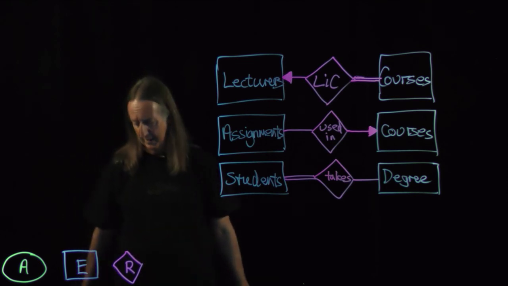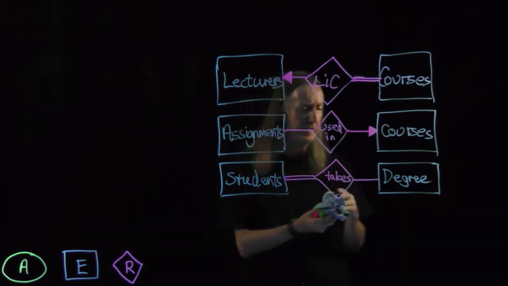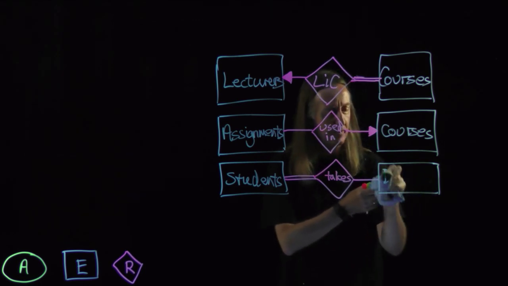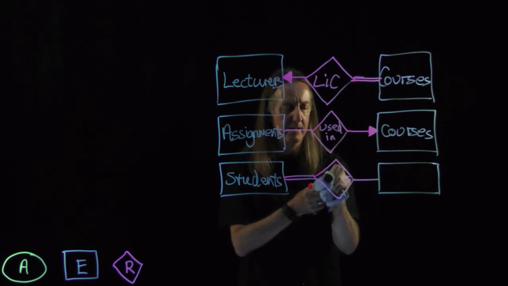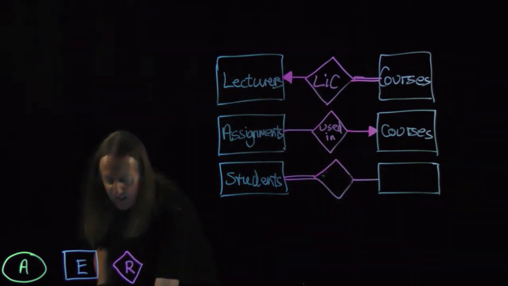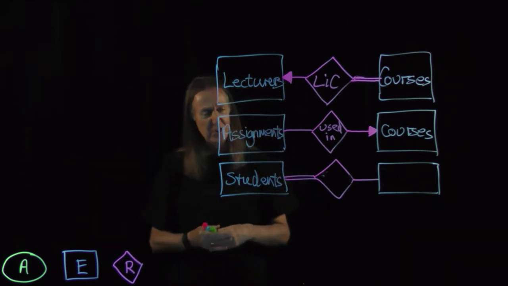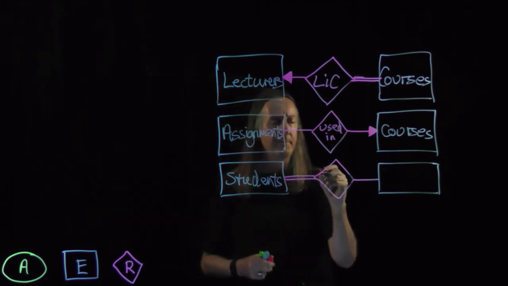So students and degrees. And the final thing I wanted to look at, and I think I will try to erase this, and that's pretty well done. Okay, so students, I guess I'll leave the total participation, although technically it's probably not necessary.